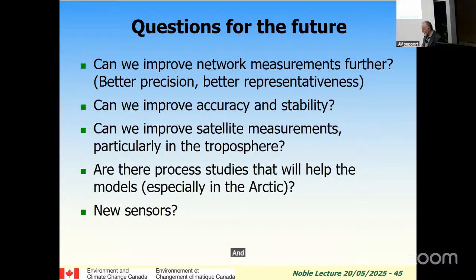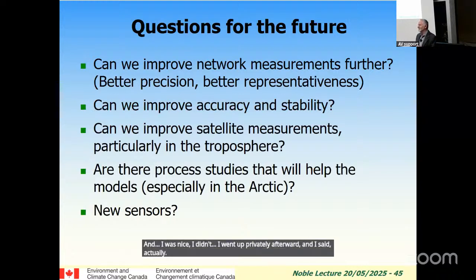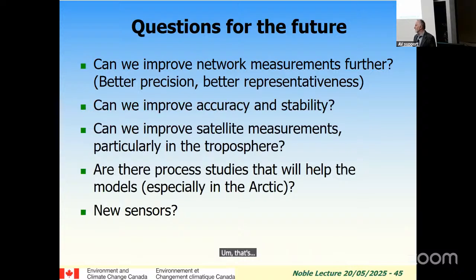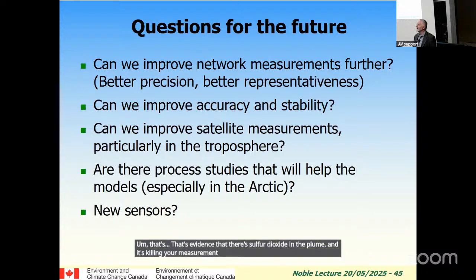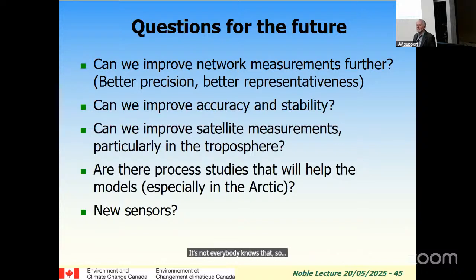And I was nice. I went up privately afterward and I said, actually, that's evidence that there's sulfur dioxide in the plume and it's killing your measurement. It's not affecting the ozone. So not everybody knows that.